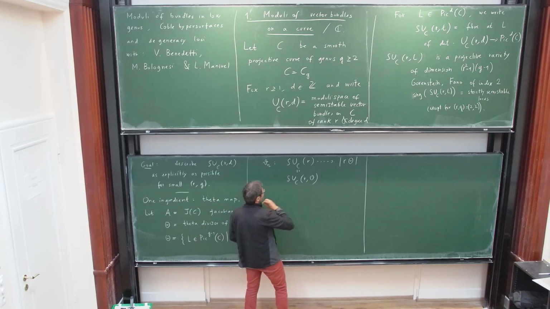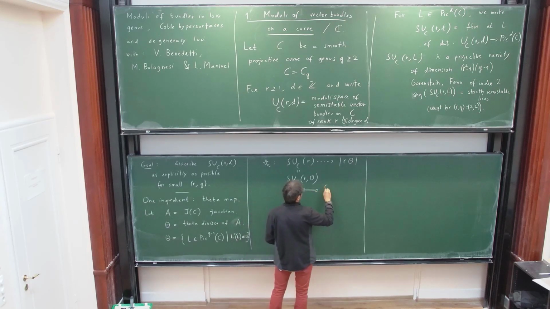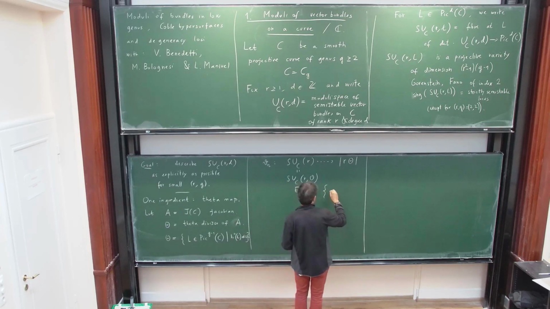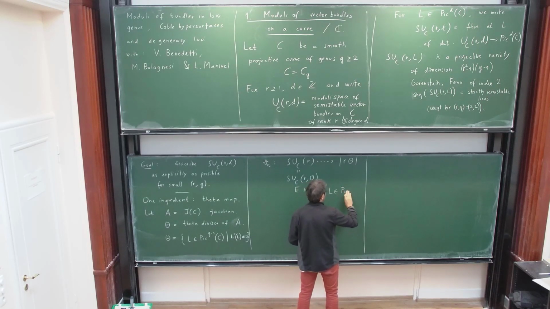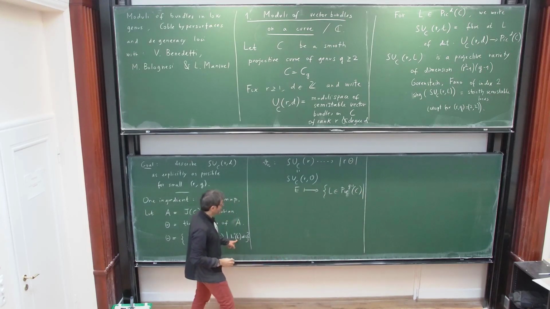It will be defined in a set-theoretic way by sending E to the line bundles in Pic^{g-1} such that they have a section when tensored with E.